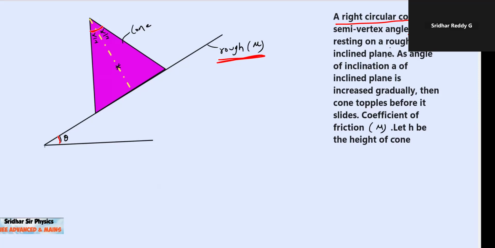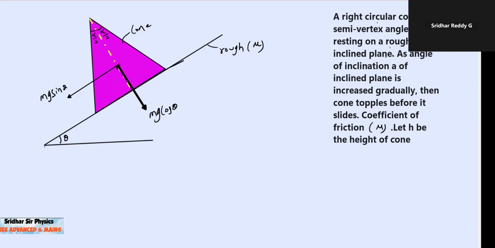Let h be the height of the cone. Now I'm more interested in how these angles are related, theta and this mu. We'll start with the free body diagram. The forces acting will be mg cos theta, then mg sin theta.